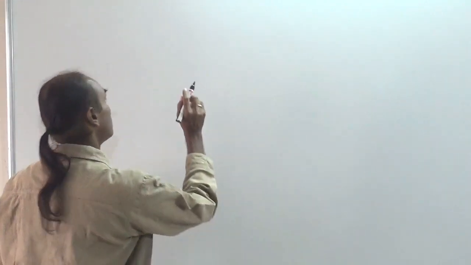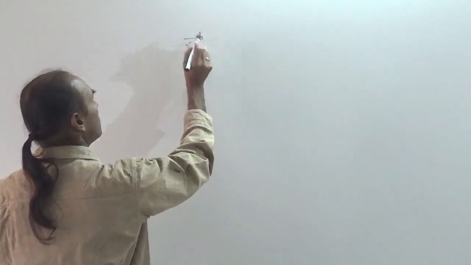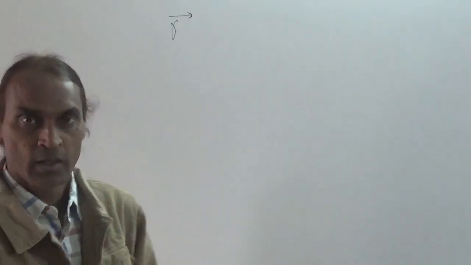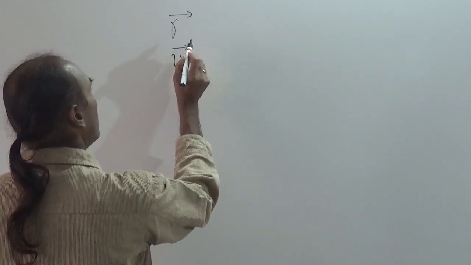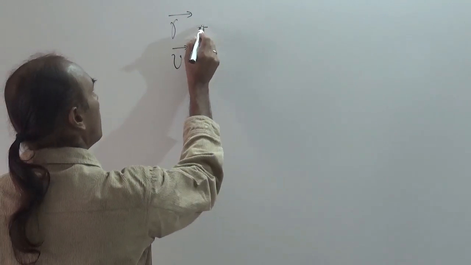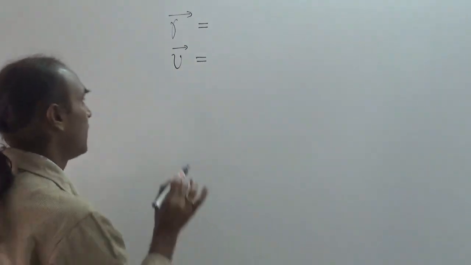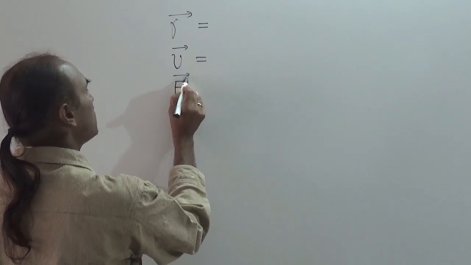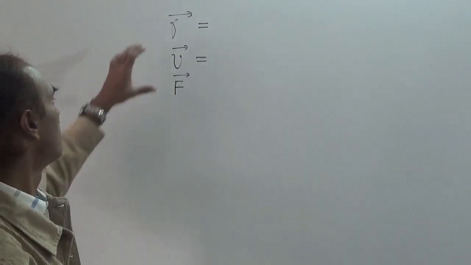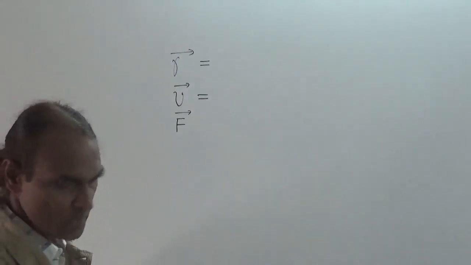I have chosen the position vector, then I have chosen the velocity vector, and the third vector I have taken is the force vector. This is the way we represent the vector symbolically.